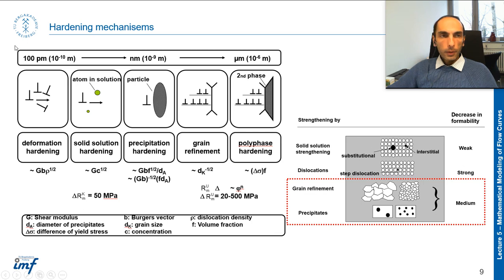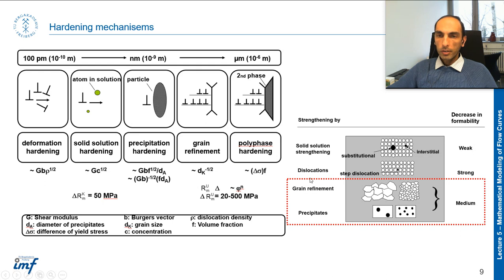So we could make an abstract on the hardening mechanisms in materials, in alloys, in this slide. And here you can see that each of these mechanisms affects the formability, of course. In the case of solid solution strengthening, the effect on the formability is not too strong.